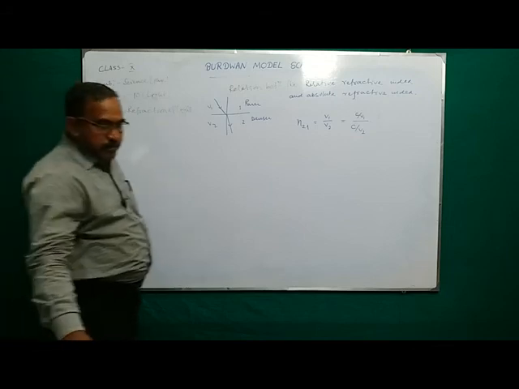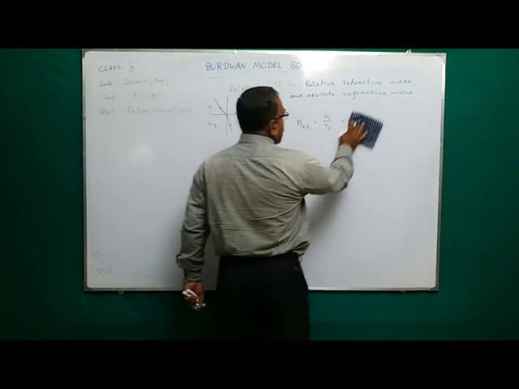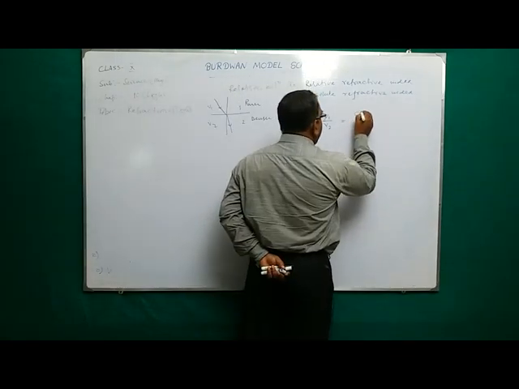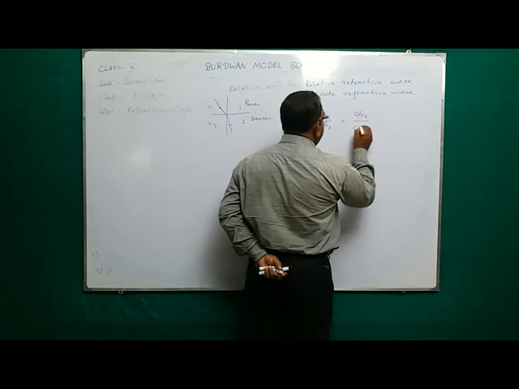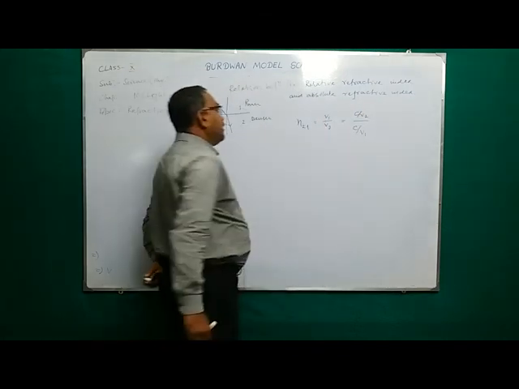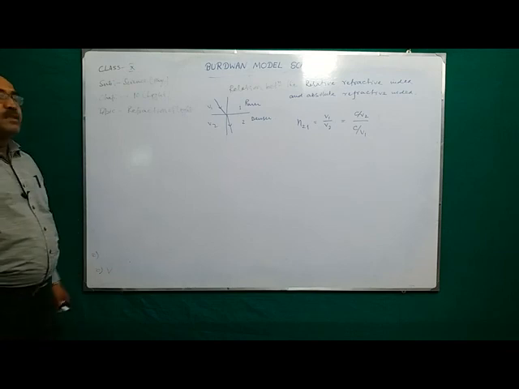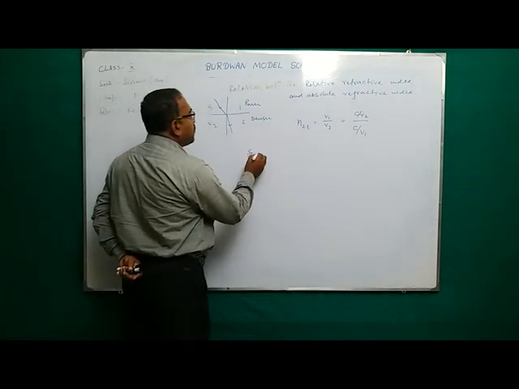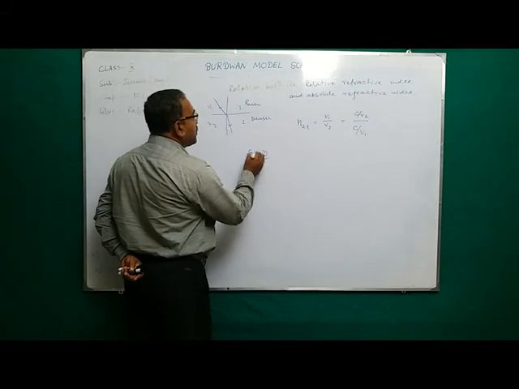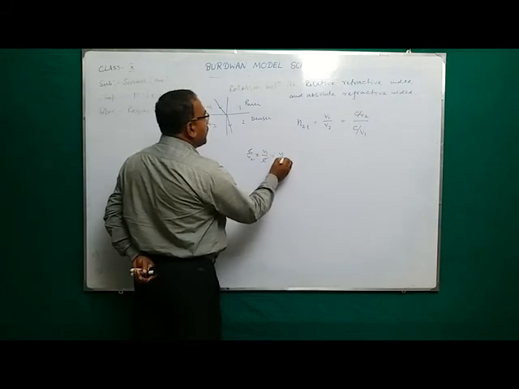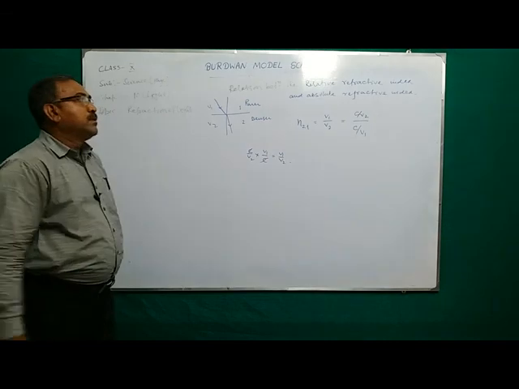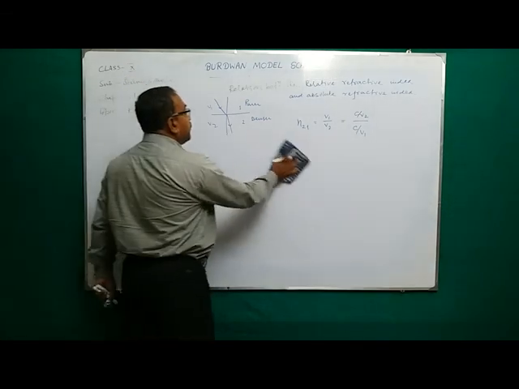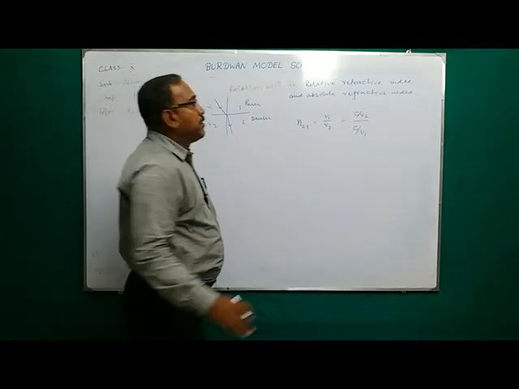No, sir. It is wrong. c by v2 by c by v1. It is correct. c by v2 into v1 by c. So it will be v1 by v2. Am I clear?